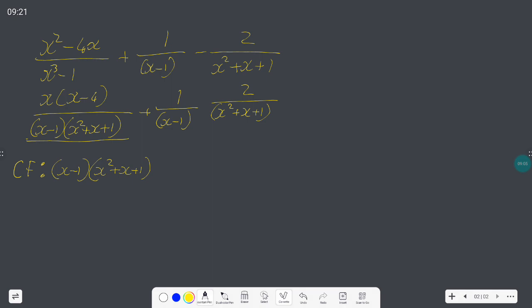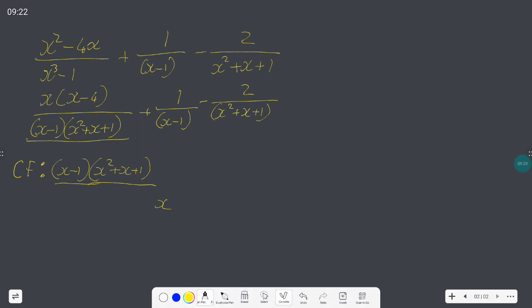So what does this mean? I have to look at my second and third term. My second term, what does it require? It requires x squared plus x plus 1. And my last term, what does it require? It requires x minus 1. So this means I want everything to stand over there. So I make sure it does.